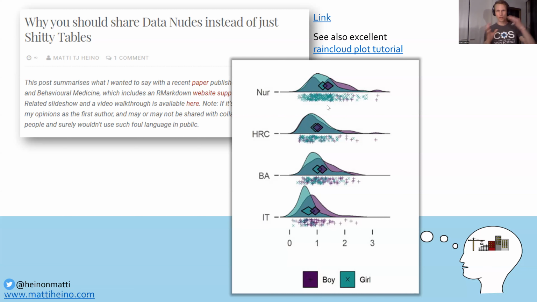So when you clump all of these together, you see that girls are more active than boys, whereas within each of these educational tracks, boys are more active than girls. This is an example of something called Simpson's paradox, if you're interested. You may also want to have a look at the blog post and the accompanying page.